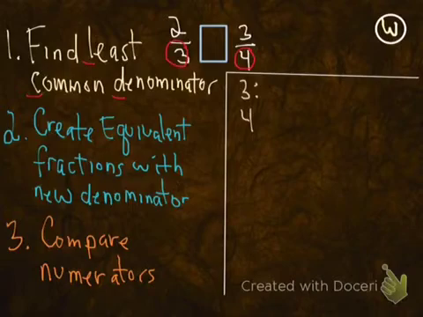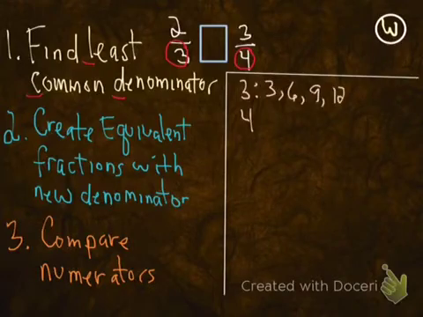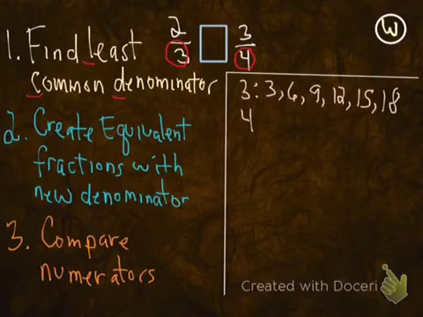Multiples are just counting by those numbers, starting with the number itself. So with 3, we start with 3, 6, 9, 12, 15. Generally, you want to list about 5 or 6 until you have a match.